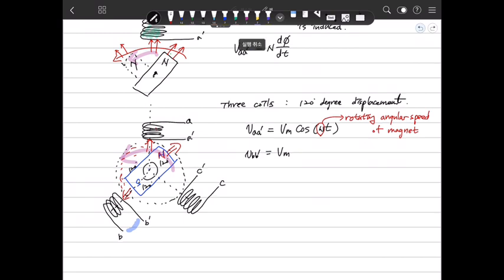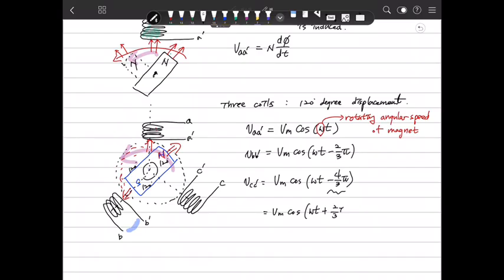So it has cosine omega t minus 120 degrees. For the same reason, VCC prime has the same magnitude, cosine omega t minus 240, which is the same as plus 120. So we like to use the phase angle.